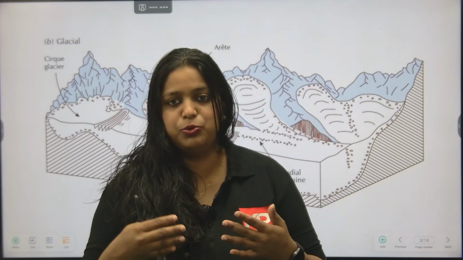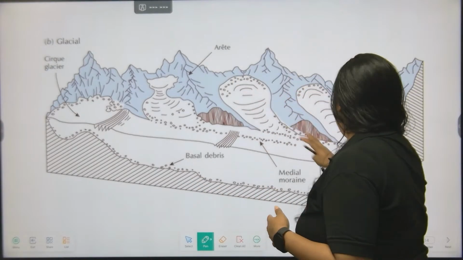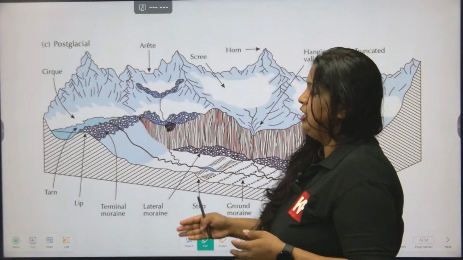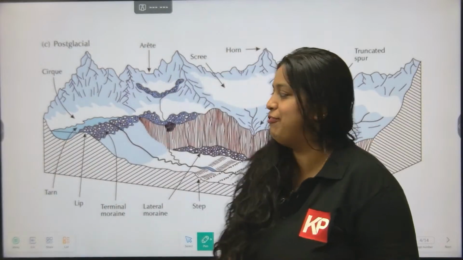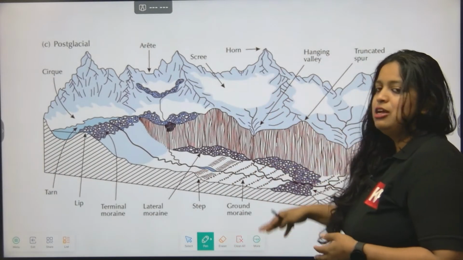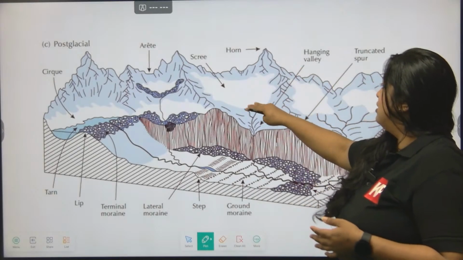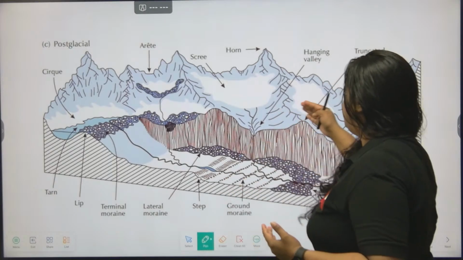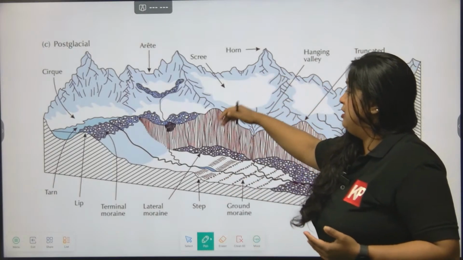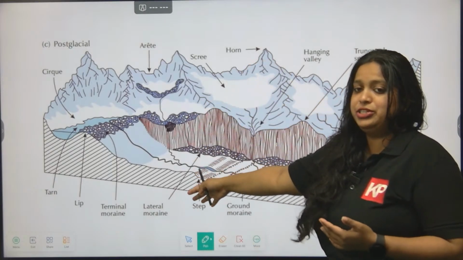That's what is causing this change in the entire landform. After the glacial event, in the post-glaciation stage, the terrain will be completely different from how it was in the first place. There are no smooth slopes present. Everything is very sharp and edgy, and entirely different valley formations have happened.